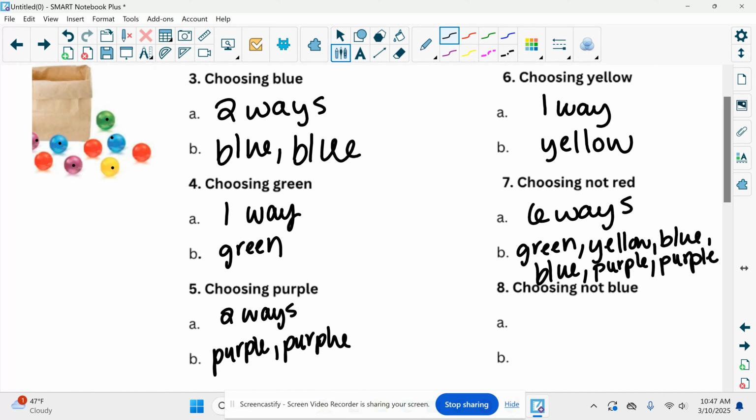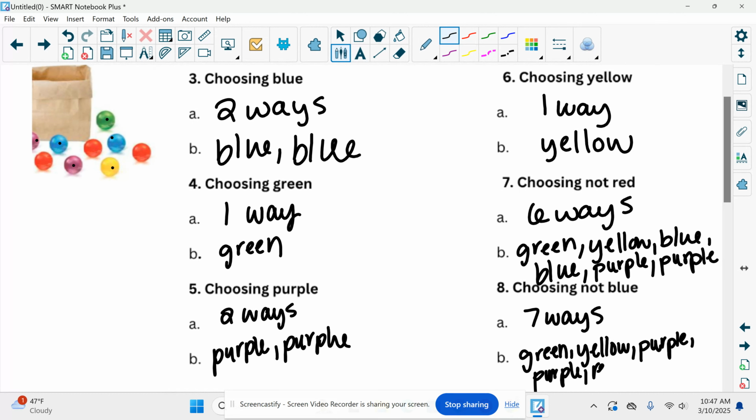What are the different ways in not choosing blue? There's 7 ways to not choose blue. And those would be what? Green, I could pick a green, yellow, a yellow. I could pick a purple, another purple.